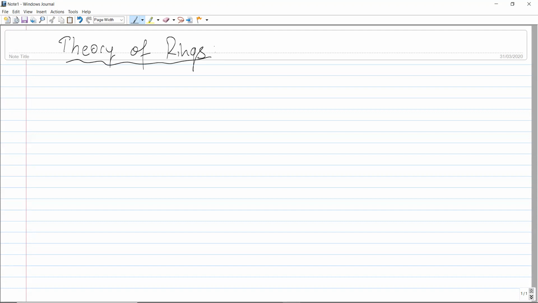So remember, what's a group? Let me recall abelian group. Let's say A with an operation, let's denote it by addition, is an abelian group if five things are satisfied.